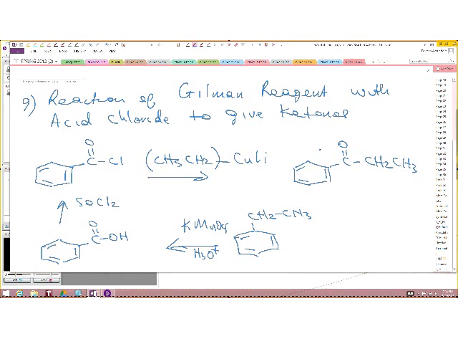Okay. So I think we've had enough of the synthesis of aldehydes and ketones. Let us see what time do we have here. So we go to reactions of aldehydes and ketones. Yes. Sure. The Grignard reacts with a nitride to give a ketone.